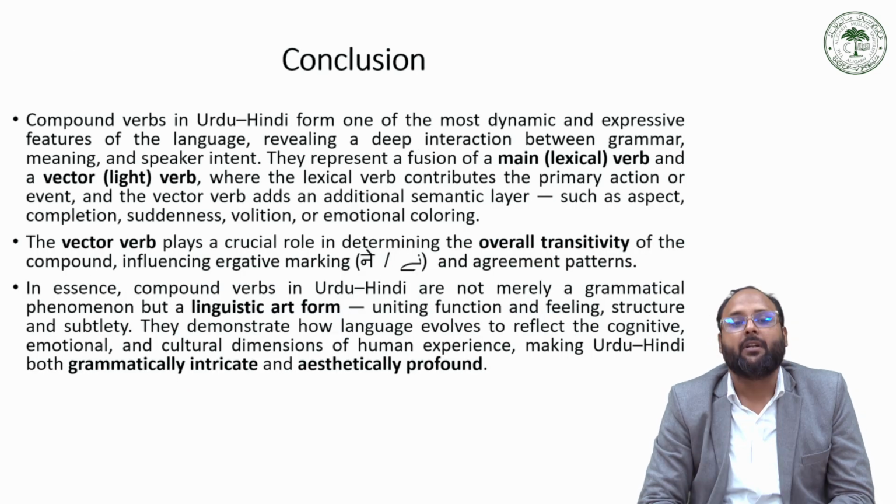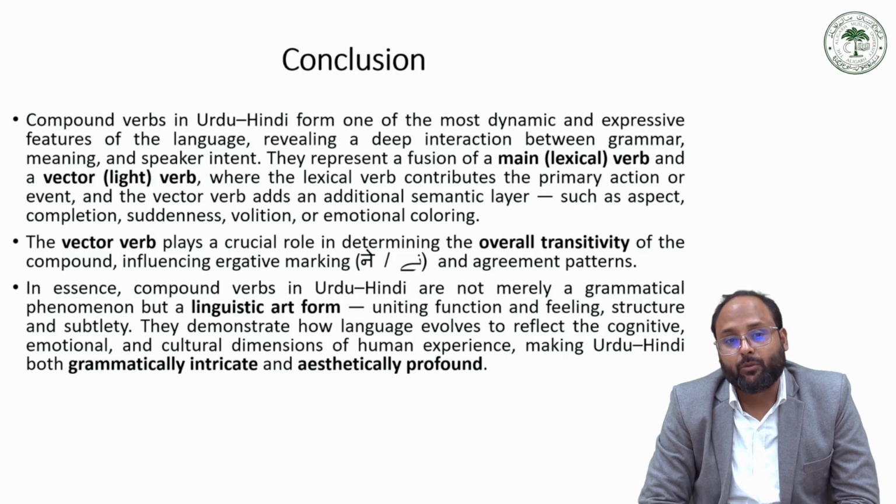So I conclude here. Compound verbs in Urdu-Hindi form one of the most dynamic and expressive features of the language, revealing a deep interaction between grammar, meaning, and speaker intention.